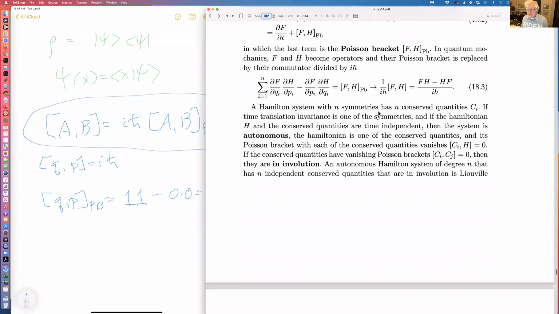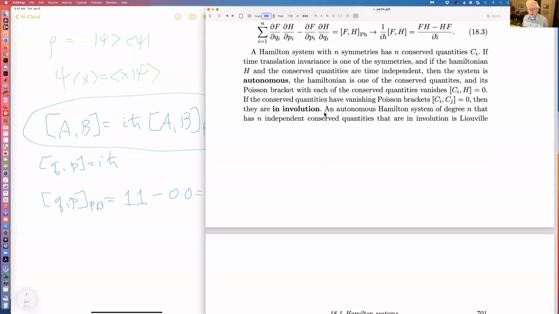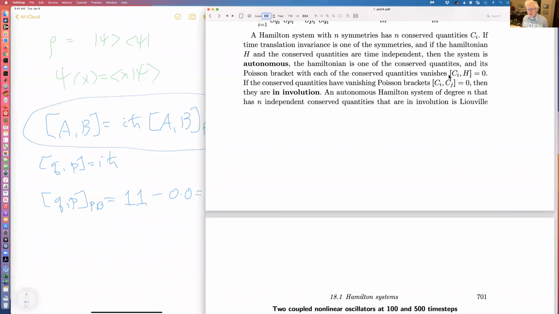Anyway, a Hamilton system with n symmetries has n conserved quantities, and if time translation invariance is one of the symmetries, and if the Hamiltonian and the conserved quantities are time independent, which means no explicit time dependence, then the system is said to be autonomous, and the Hamiltonian is one of the conserved quantities. And the Poisson brackets of the Hamiltonian with each of the conserved quantities vanishes. In this case, we say that the conserved quantities have vanishing Poisson brackets and are in involution.